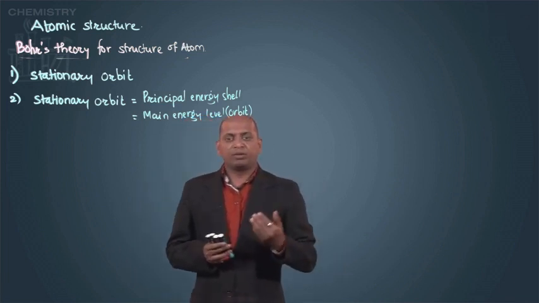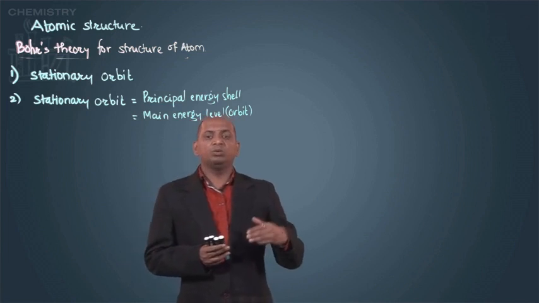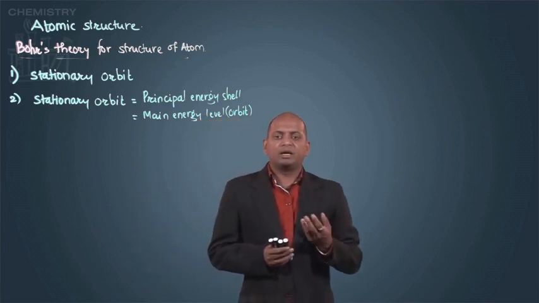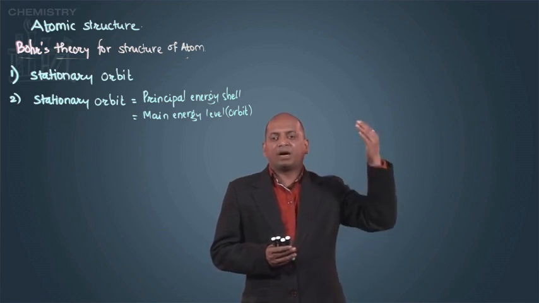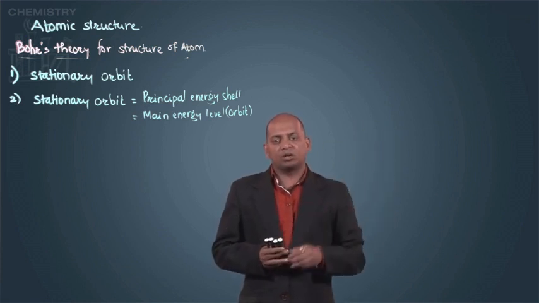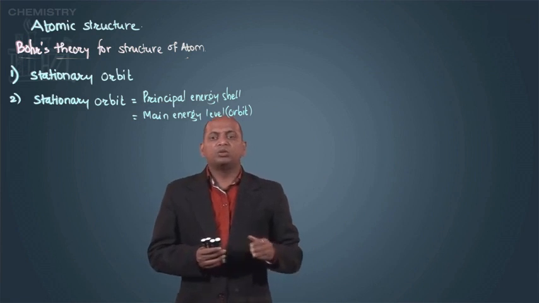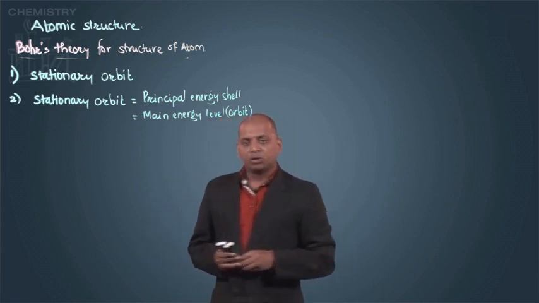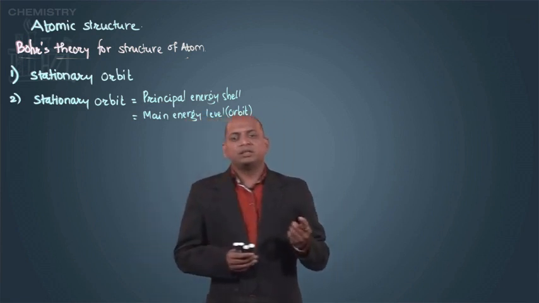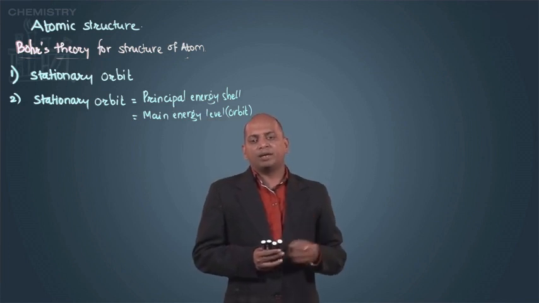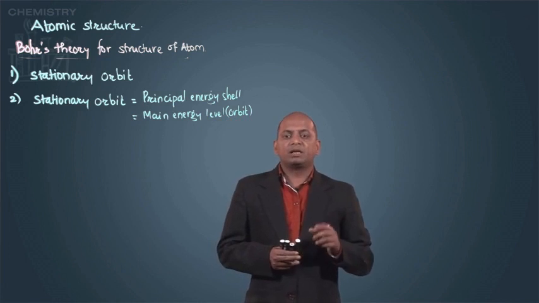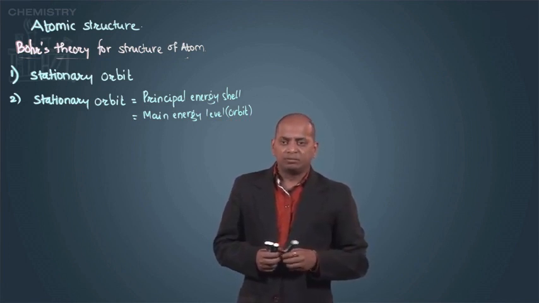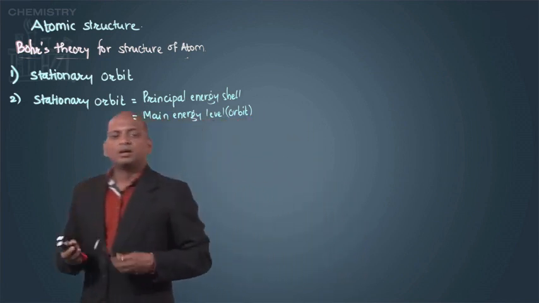If it is moving from a lower energy orbit to a higher energy orbit, it has to absorb energy, or if it is coming from a higher energy orbit to a lower energy orbit, then it should lose energy. That energy which is absorbed or emitted is quantized. Quantized means it is in the form of quantum. So that will be our third point.